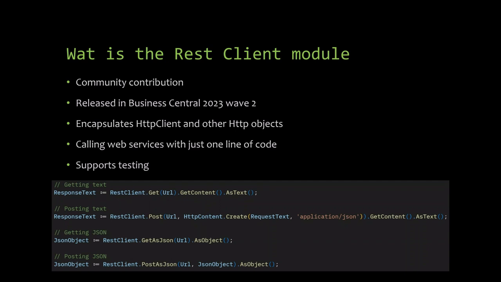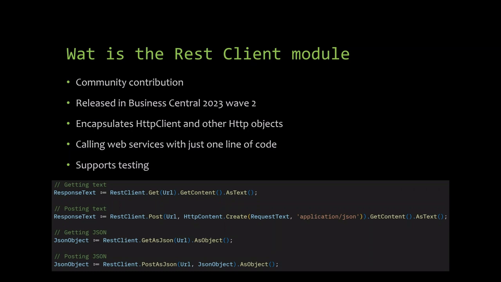So the REST client module is fully written in AL. It is a community contribution, so I was not paid to create it, and everybody is invited to make additions to it. Actually, it has happened already over the past year.